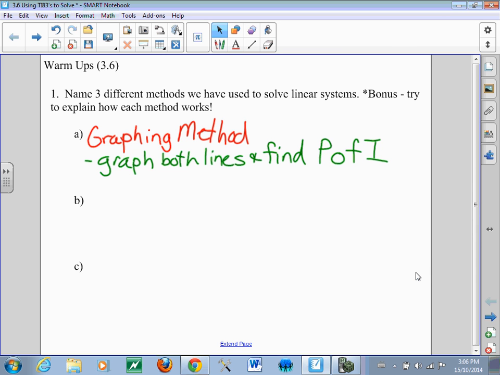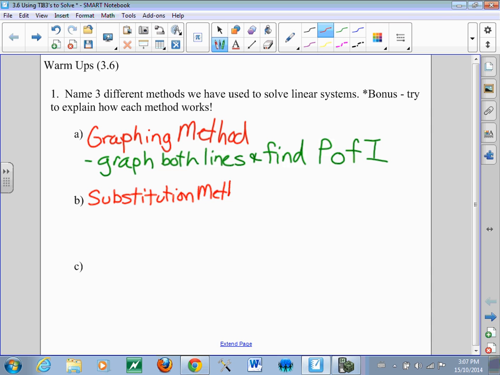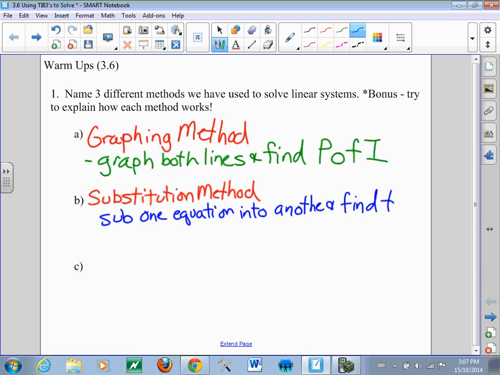Second method we learned, ladies and gentlemen, was called the substitution method. In order to use the substitution method, you're going to substitute one equation into another and find the variable.